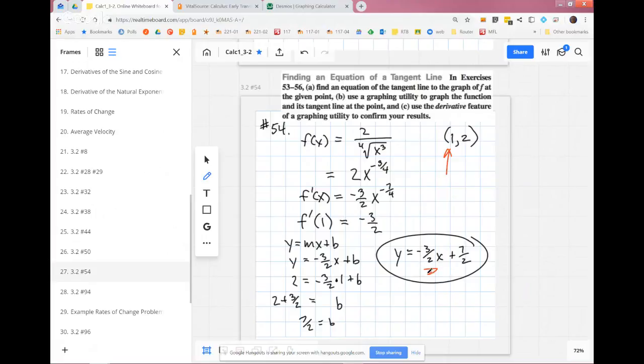So now we know the slope of our tangent line. And then you can plug in the whole point, 2 for y, 1 for x, and solve for b, the y-intercept. This is the closest to the kind of thing you were doing for today, but of course we can use shortcuts. Questions?